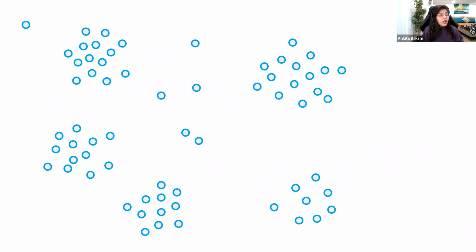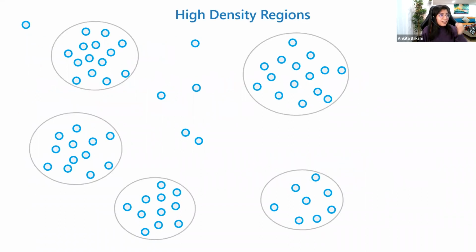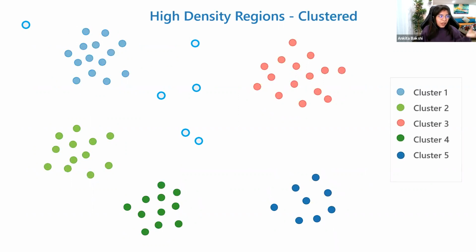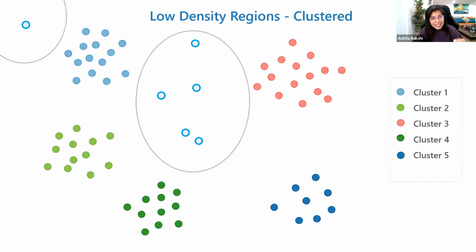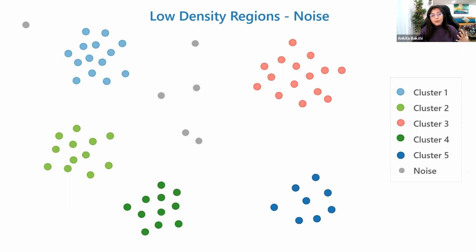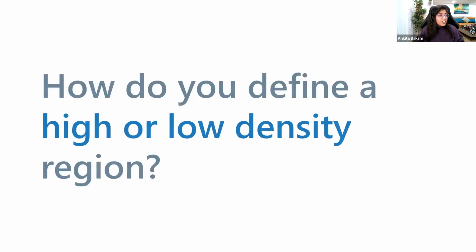To find the clusters, dbScan finds the locations or incident points that are in a high density region and marks them as a cluster. The points that are in low density regions are marked as noise. So how do you define a high and low density region?